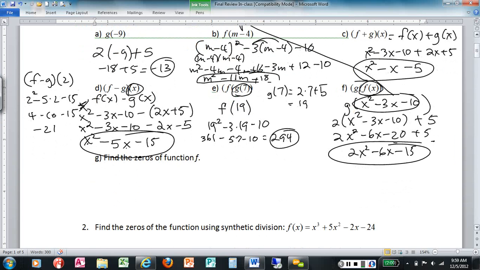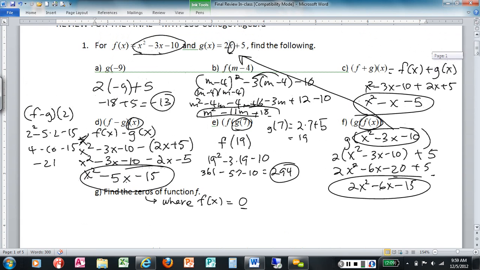Now, part G is another thing we did with functions, and that was find the zeros. How do I find the zeros of the function? Well, the zeros of function f would be where f of x equals 0. The zero part of a zero is where the function value is 0. So that's what I do.